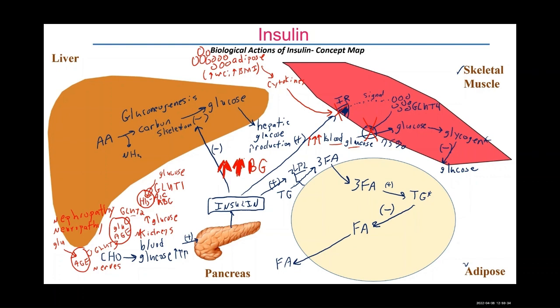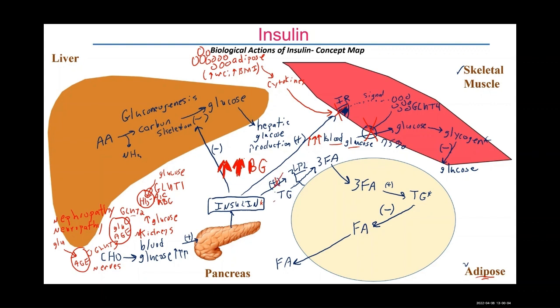And then another thing, now let's talk about the lipids, okay? So now with the lipids, let's go there. Here, for example, insulin stimulates LPL, which breaks down triglycerides into three fatty acids. But remember, this is in your adipose tissue, and if it's not responding to the insulin, then this isn't going to happen.